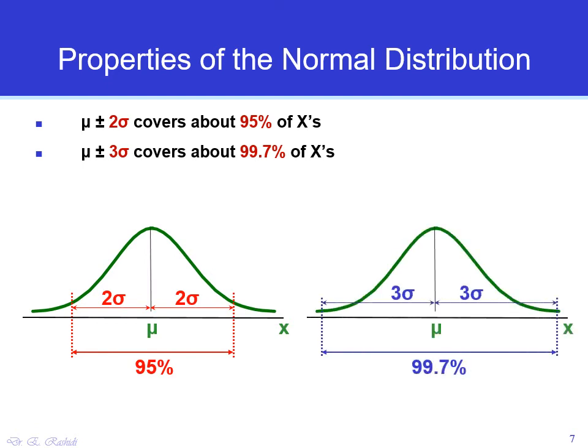These rules apply especially for the normal distribution, or any distribution whose shape is bell-shaped and symmetrical like the normal distribution.